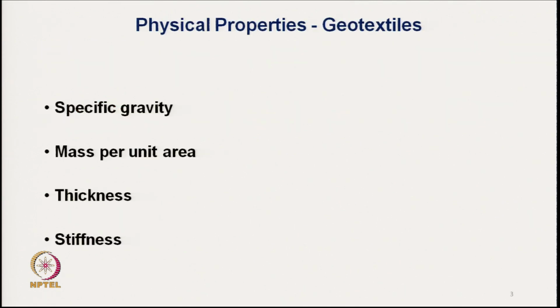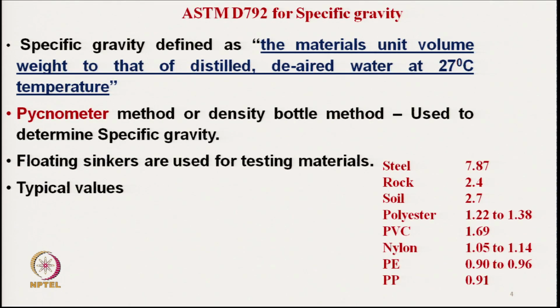So, in terms of physical properties, they are mainly specific gravity, mass per unit area, thickness, stiffness. They are very important characteristics as far as geotextile is concerned. Specific gravity is defined as the material present per unit volume, and if we take the ratio with the density of distilled water, we get the specific gravity.